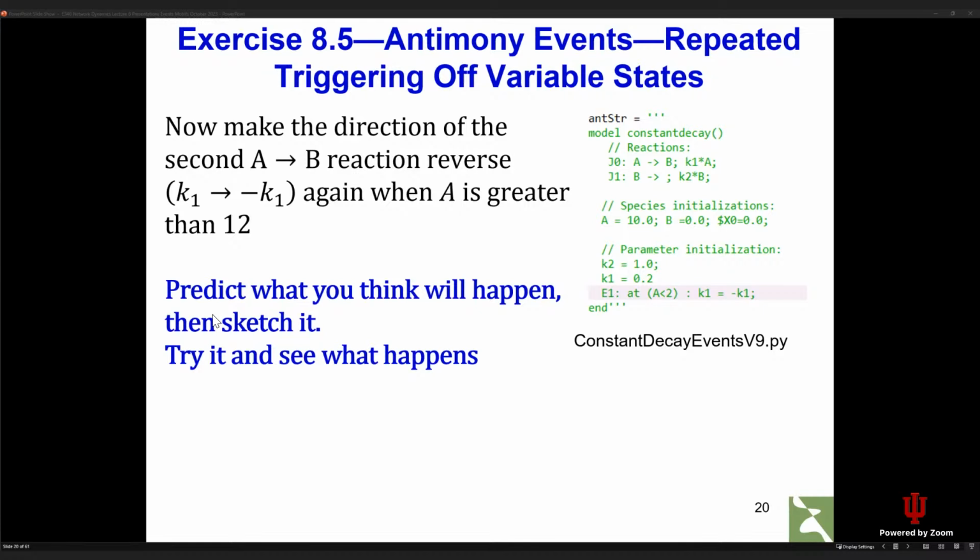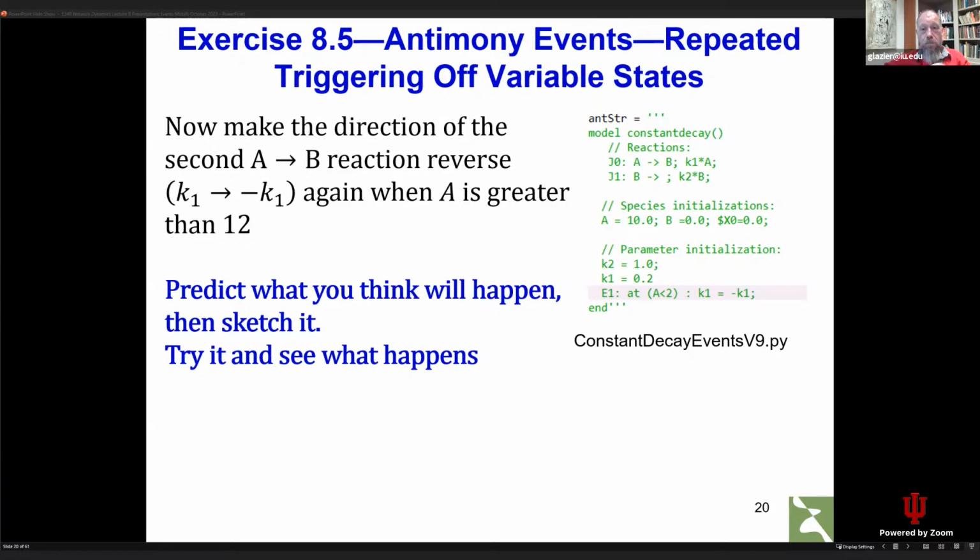So here's the last exercise, which is, suppose that you have the direction of K1 flip when A is less than 2, and now make it flip again when A is greater than 12. What happens? And this time Pedro can't answer.